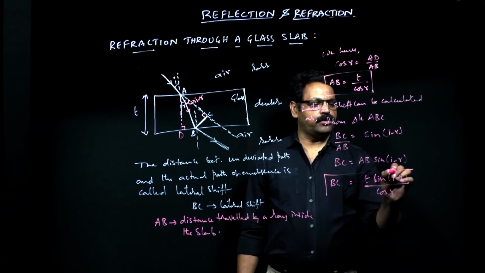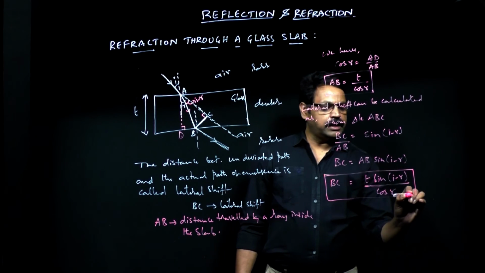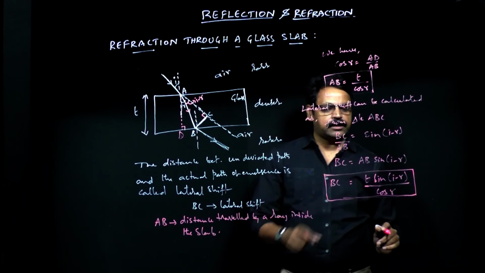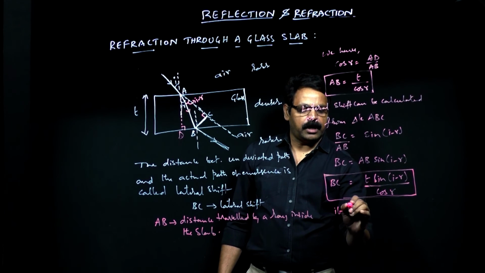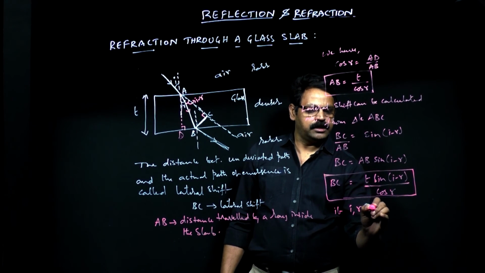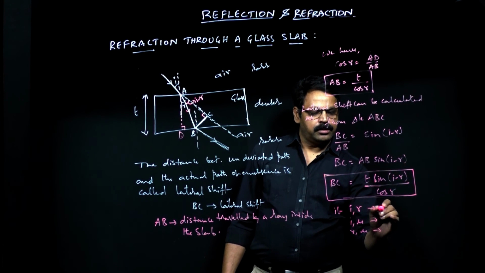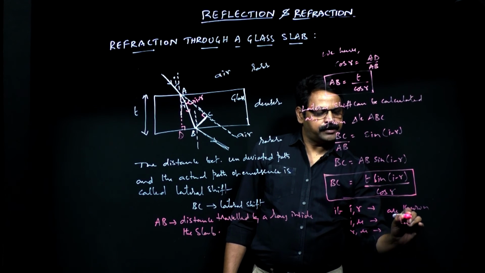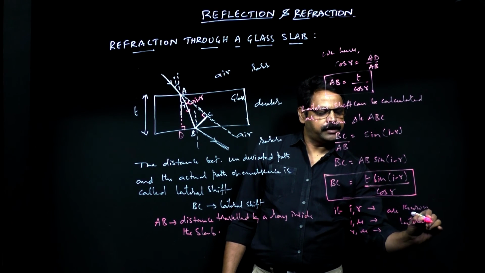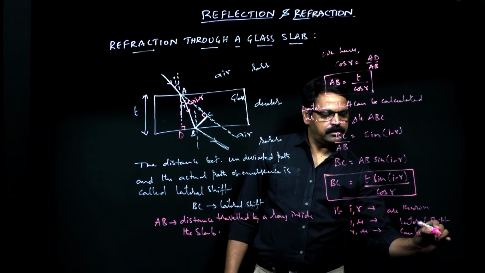If you know the incidence angle and refractive angle, or if you know only the incidence angle and the refractive index of the medium, any two parameters, if I and R are known, or I and mu are known, or R and mu are known, the lateral shift can be calculated.